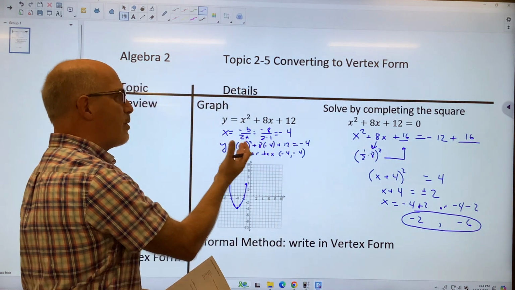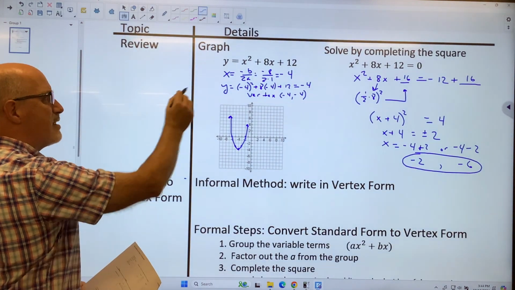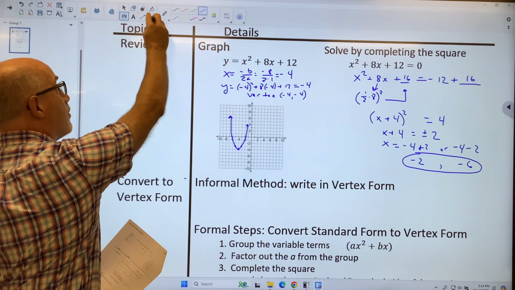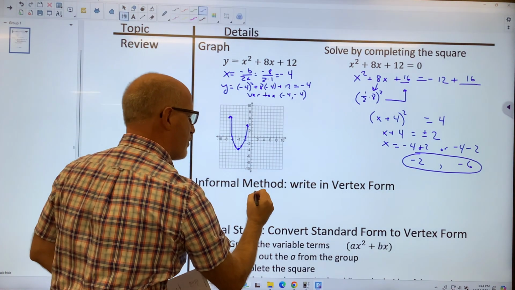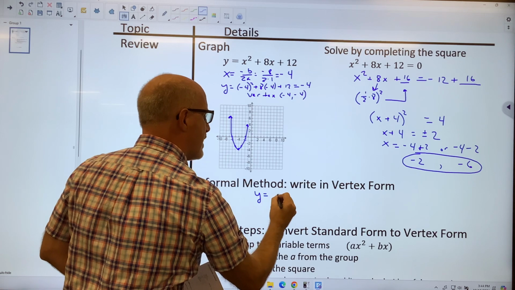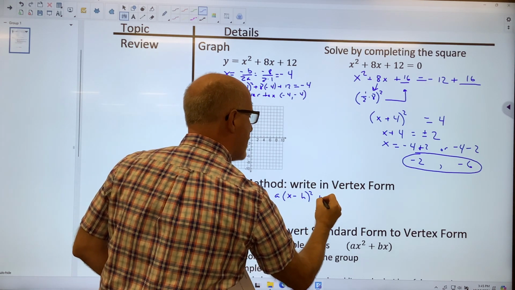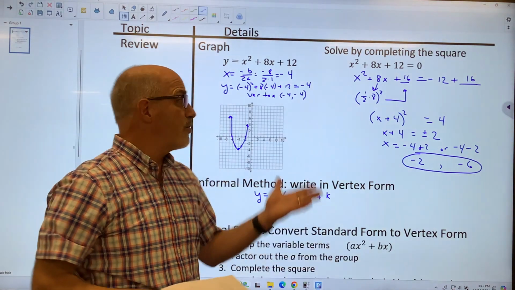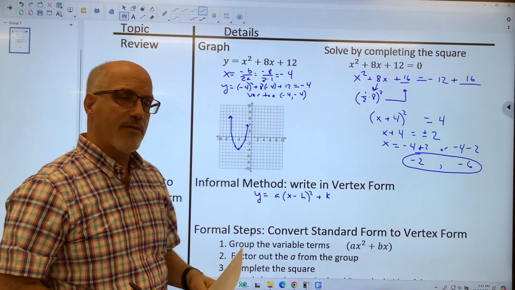This is reviewing how we know how to graph. Let's go ahead and talk about vertex form. This is standard form. We want to talk about vertex form. Now, remember, the general form for vertex form looks like this: y equals a times the quantity x minus h, the quantity squared, plus k. Now, we actually know from doing this problem every piece of information that we need from this.